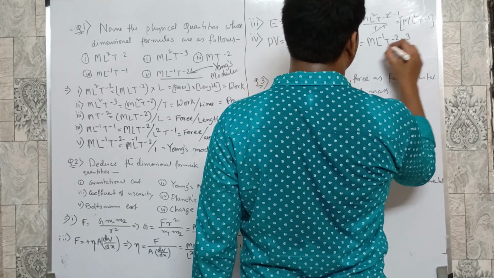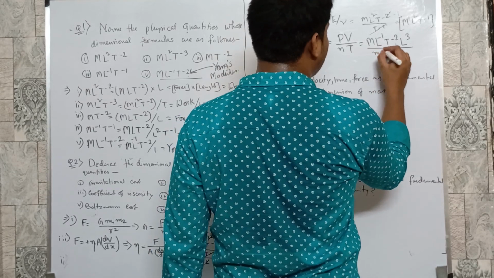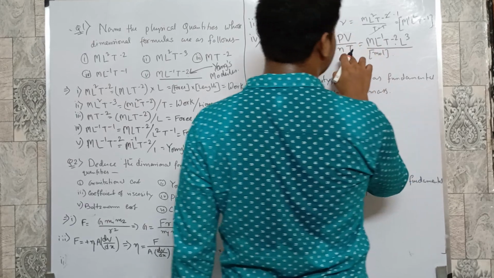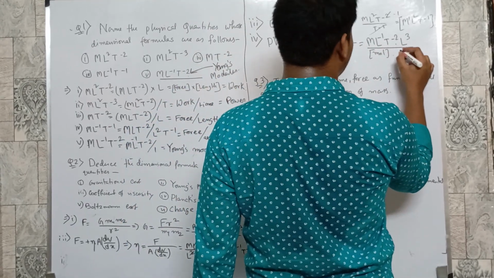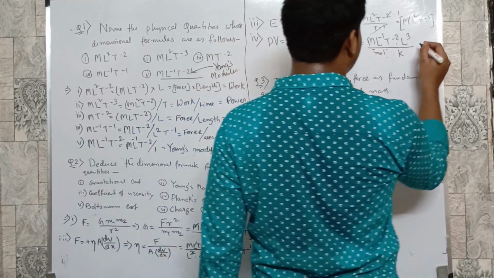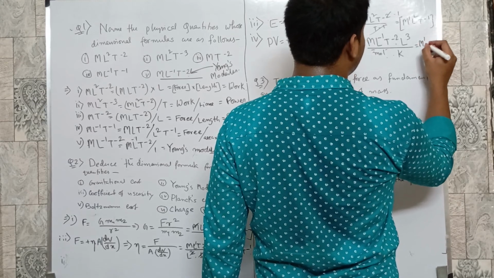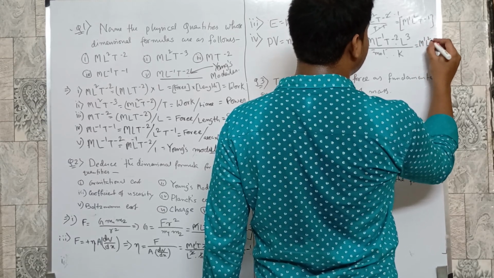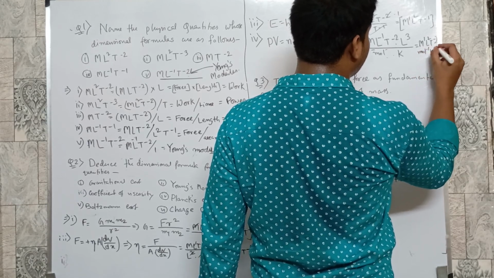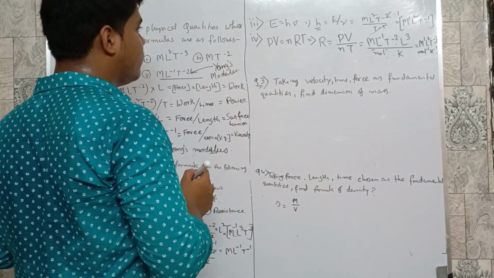Volume is L cube, divided by number of mole, so mole, and time is basically T. Now this is thermodynamic temperature, so it is K. So mole K. The final dimension is M to the power 1, L to the power 2, T to the power minus 2 per mole per K, not Kelvin, per K.